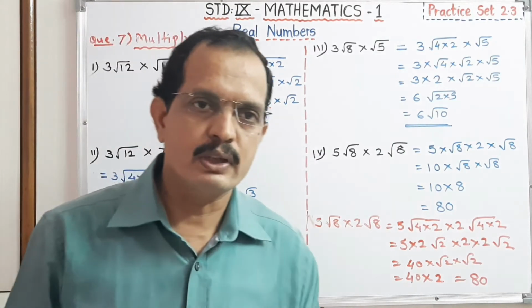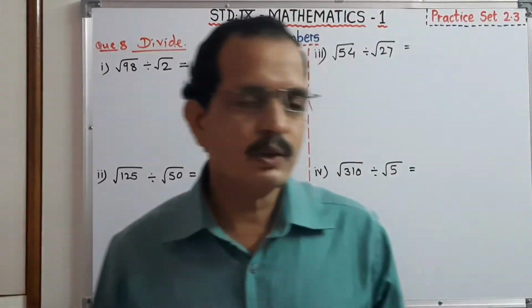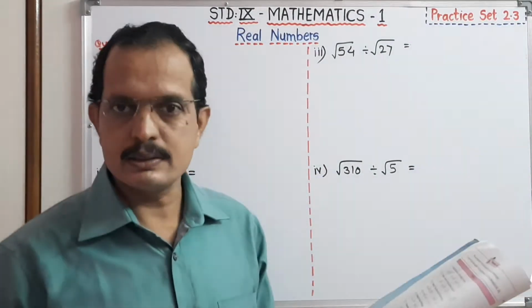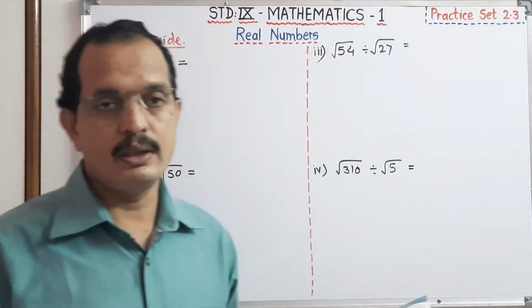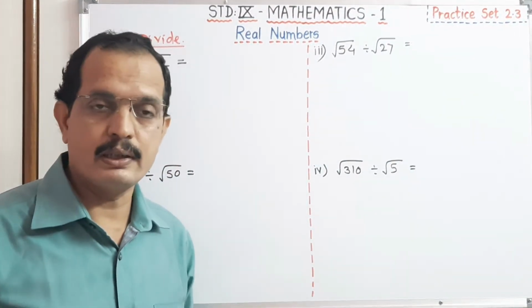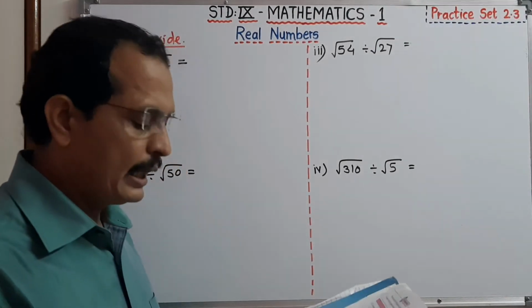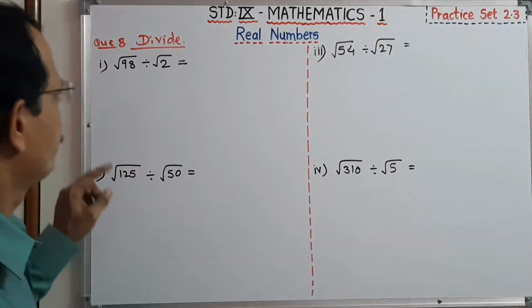We have to start with the next question, question number 81. Divide and write the answer in simplest form. We have to do the division. In the previous sum, we completed the multiplication. Now we have to do the division and write the answer in simplest form.